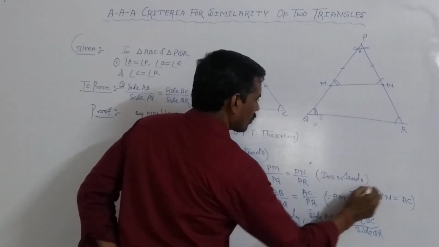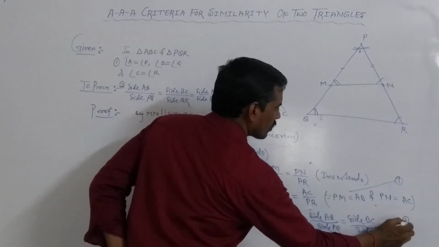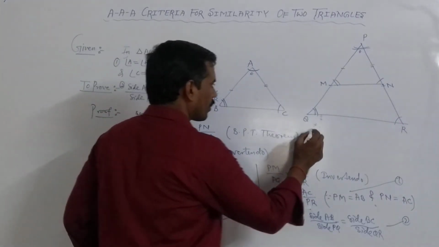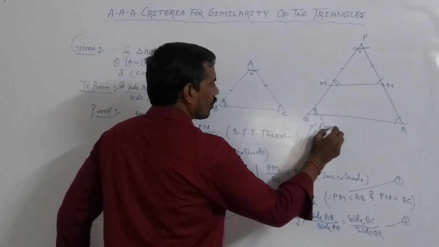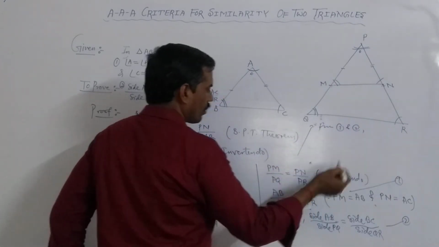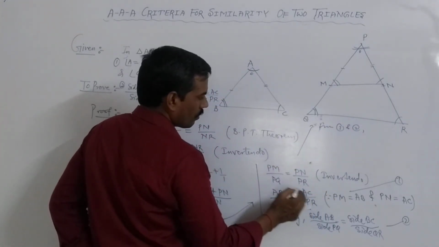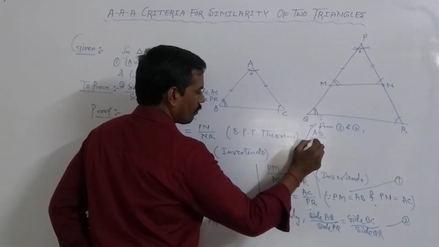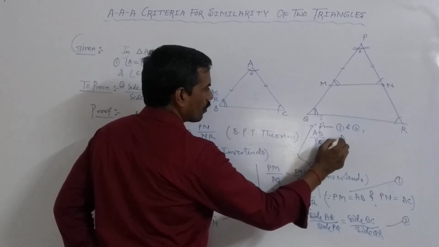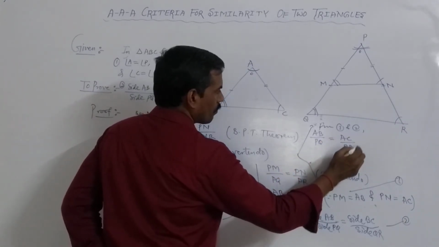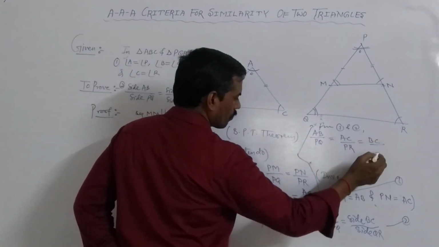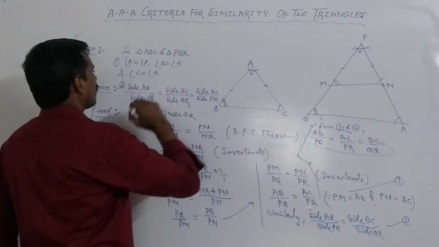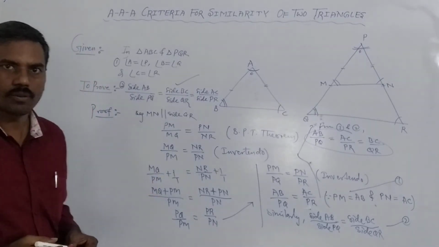Suppose this one is first, this one is second. From first and second, we have AB upon PQ is equal to AC upon PR is equal to BC upon QR. This is our requirement.